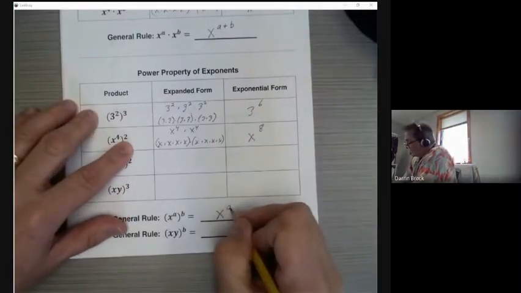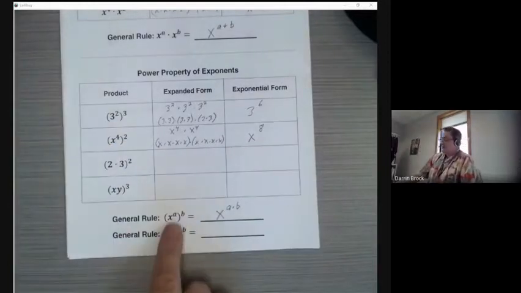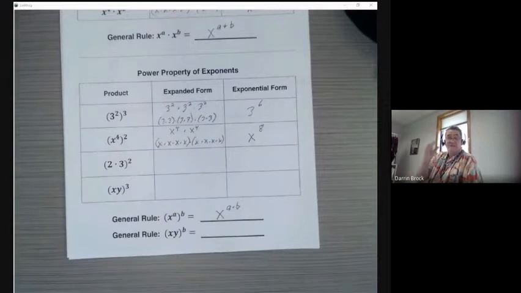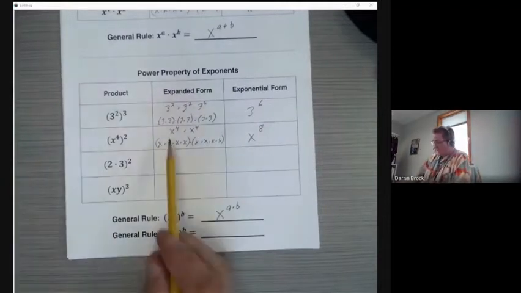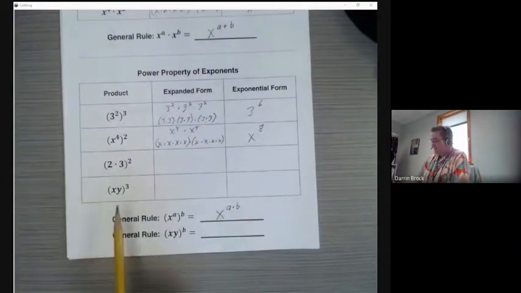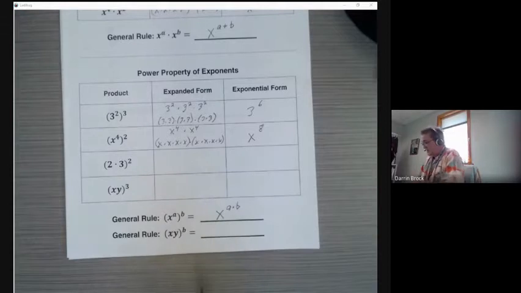So it's a times b. You just take the inside exponent and multiply it by the outside exponent. So when you simplify those, that's all you have to do. Again, you don't have to go through all of this if you remember the rule. You can do this if you can't remember. You could write it out this way, and that might help you get to the same answer. But if you remember the rule, you just multiply those.